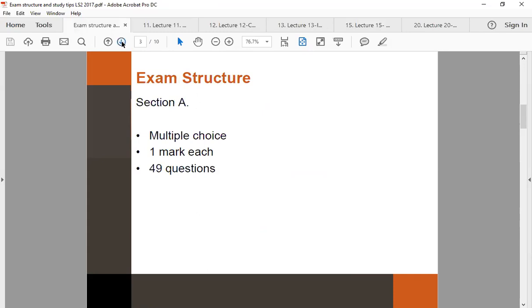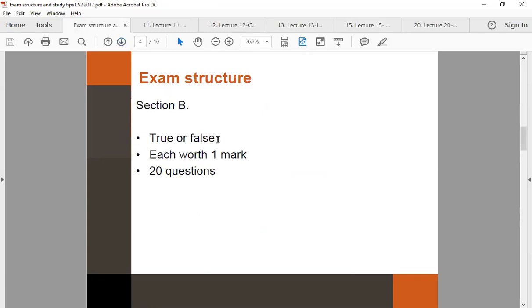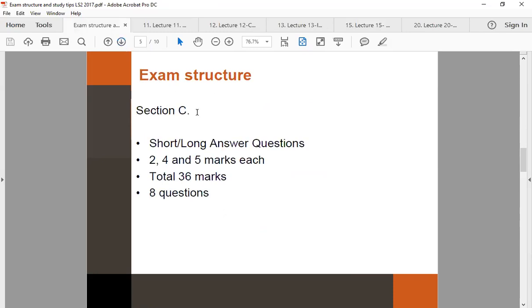All right, section B, true or false questions. Each question is worth 1 mark and there are 20 questions in this section. Section C, short answer questions and some long answer questions.